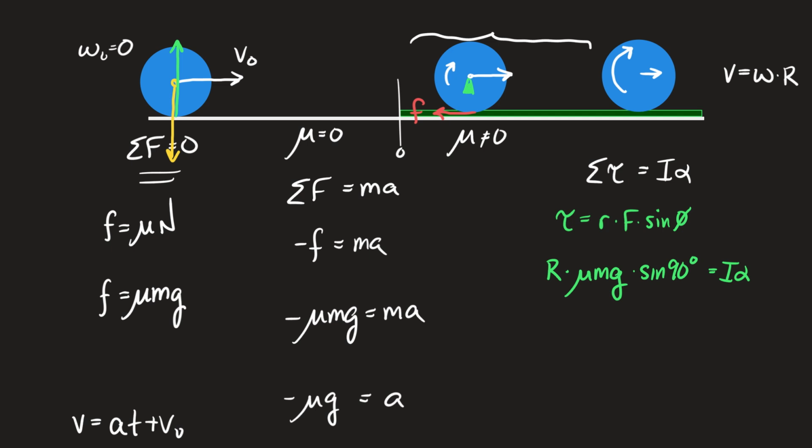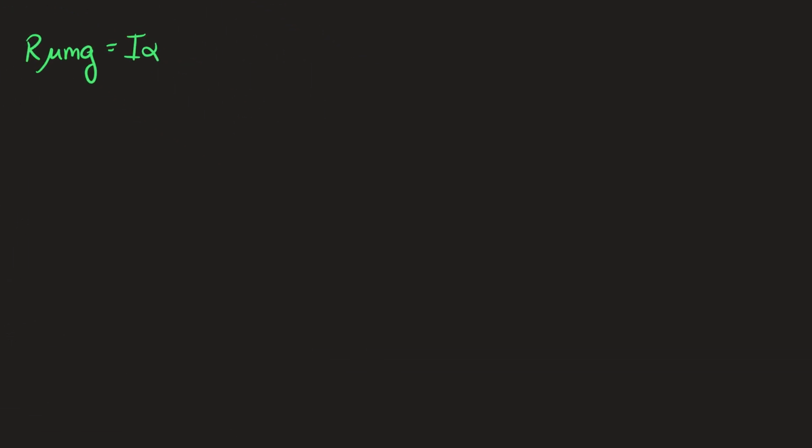Now, I do want to reduce this a little bit by getting rid of the sine of 90 and just expressing it as I alpha. Now, I want to make a similar argument here. If I solve this for alpha, I'll get R mu mg over I. All of those things look like they're constant, right?